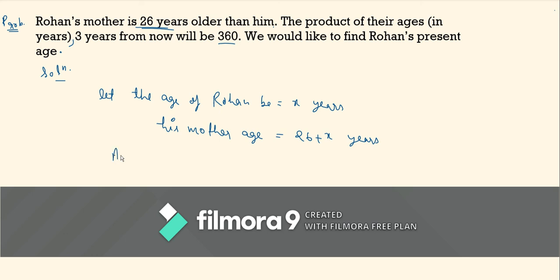So after 3 years, Rohan's age is equal to x plus 3, and his mother's age is 26 plus x plus 3, which equals 29 plus x.